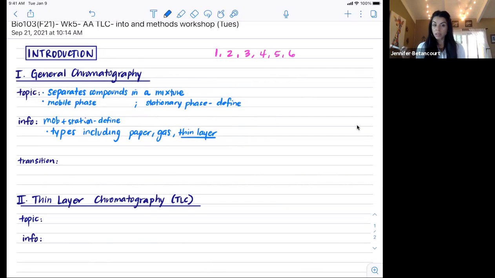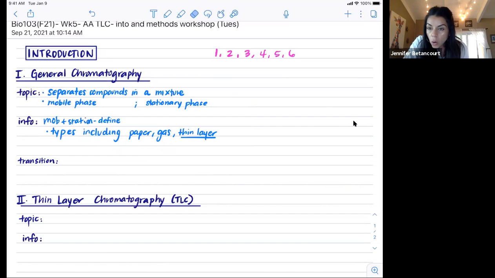The topic sentence just tells you, hey, in general, this is what chromatography does by using a mobile phase and a stationary phase. That should naturally lead you into talking about what the mobile phase is and does, and then the stationary phase, what that is and does. And then maybe you say something. The order of these really is up to your writing style. So how are you going to get to the next idea?